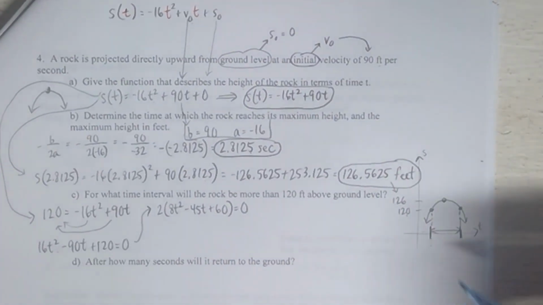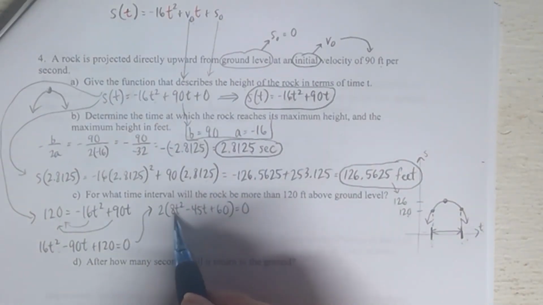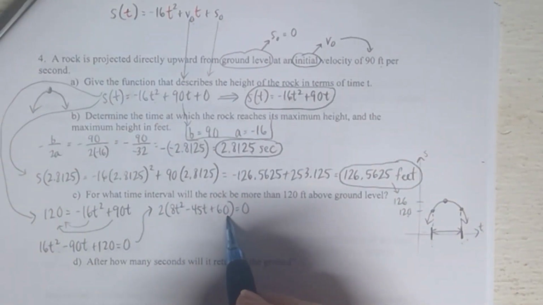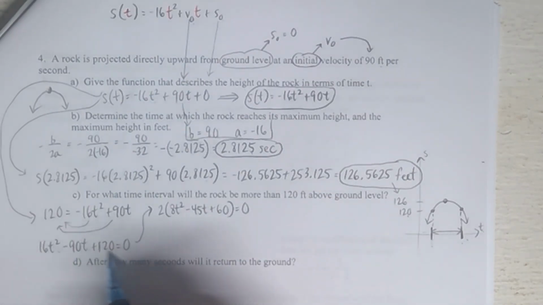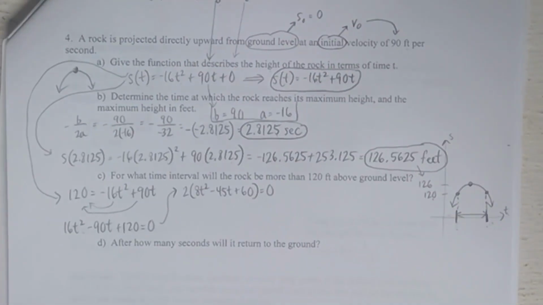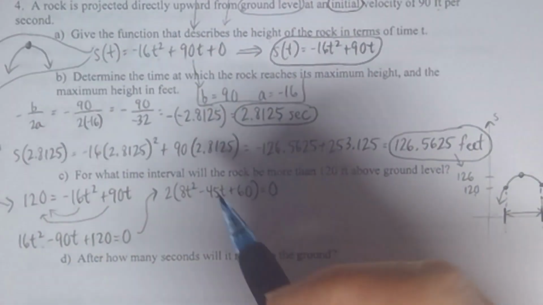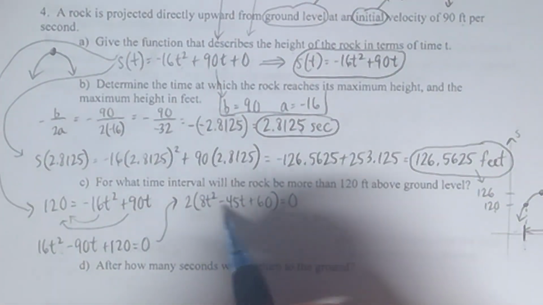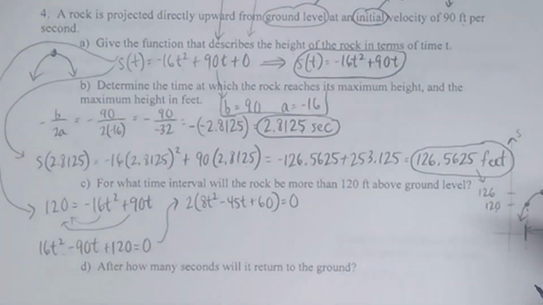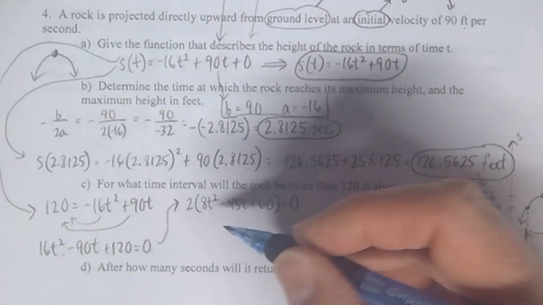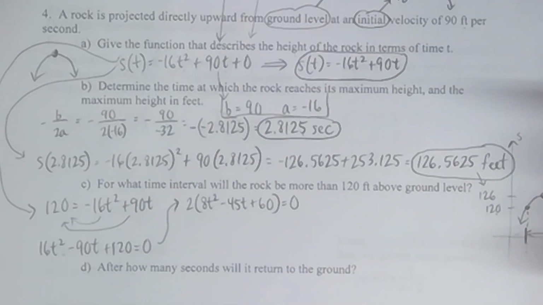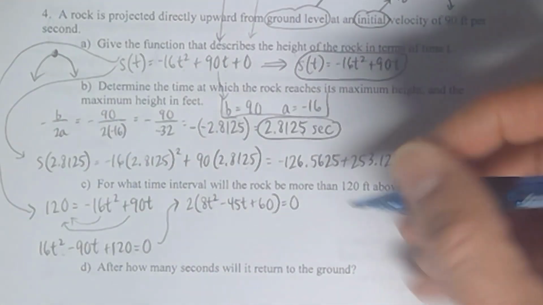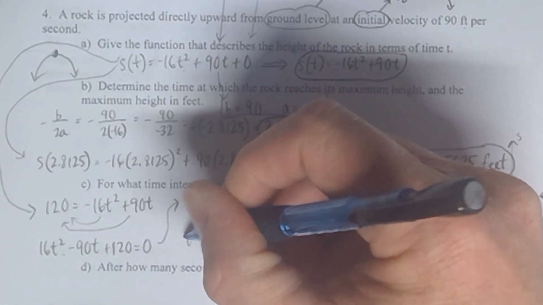You'll get the same answer if you put this into the quadratic formula either way, because when you factor out a GCF without a variable in it, that's not going to change the answer at all.